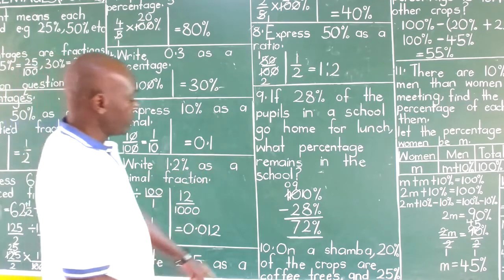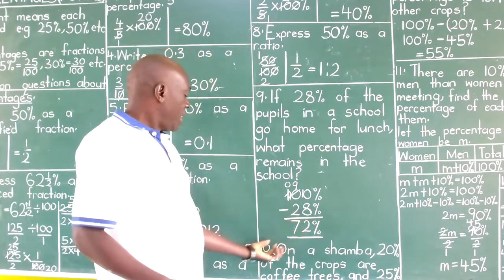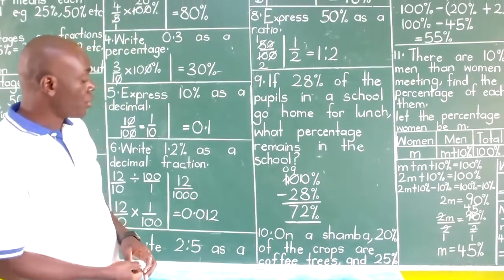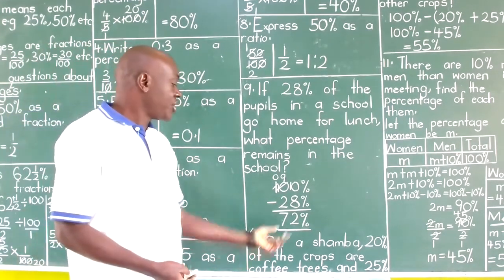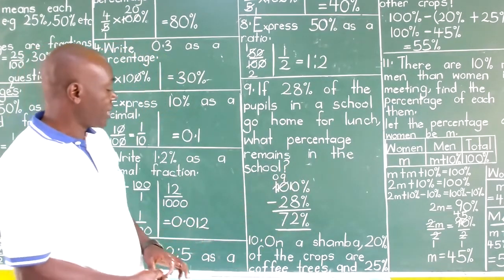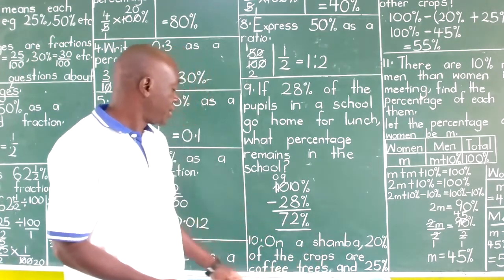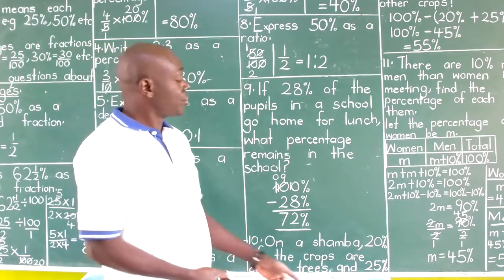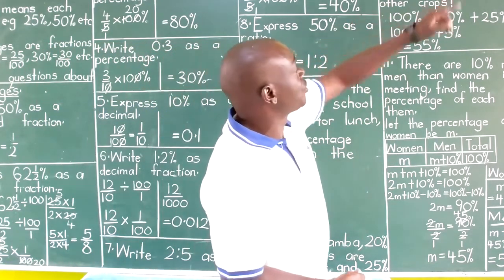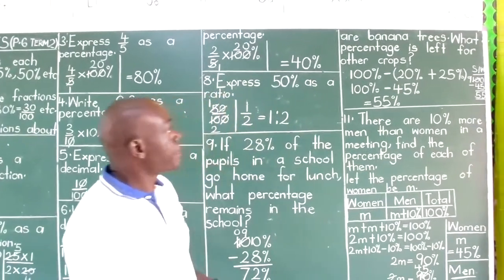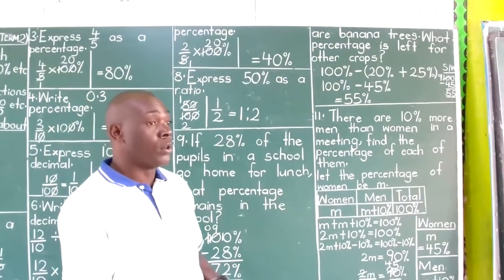As we continue, we look at example number 10. On a shamba, 20% of the crops are coffee trees and 25% are banana trees. What percentage is left for other crops?